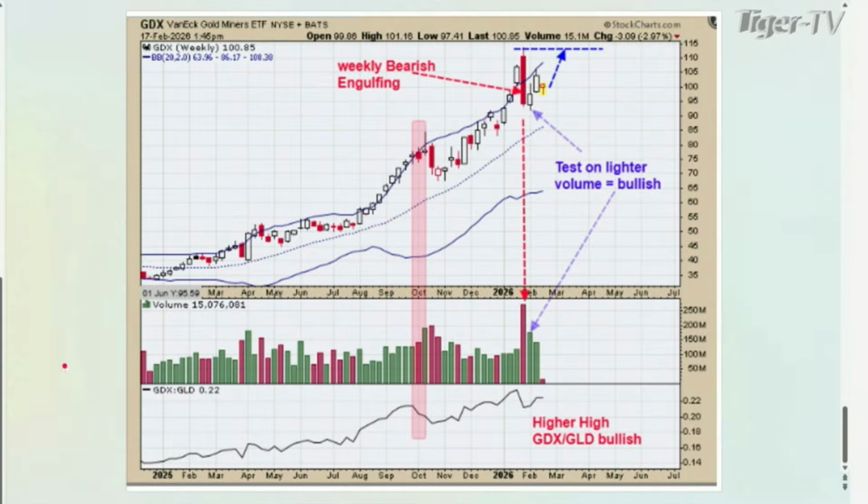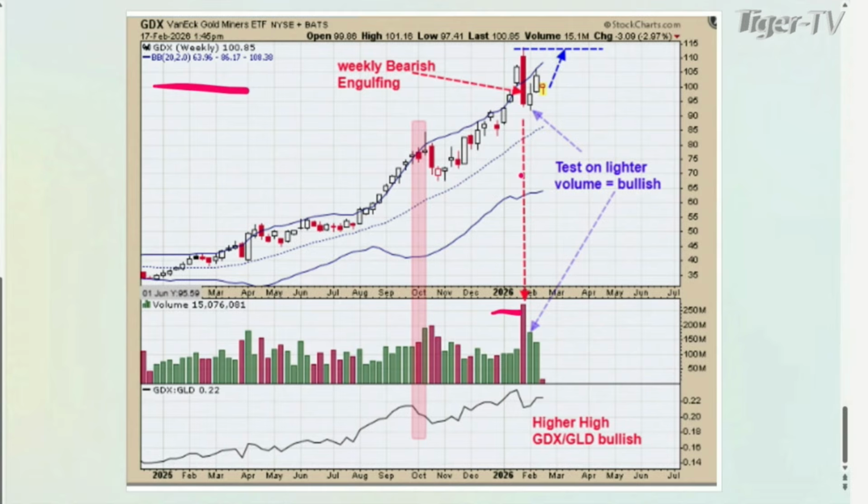So this is the weekly GDX, and it goes back about a year and a couple of months. Back on this week right here, January 26th, we had a big volume day, and it actually drew a bearish engulfing pattern.